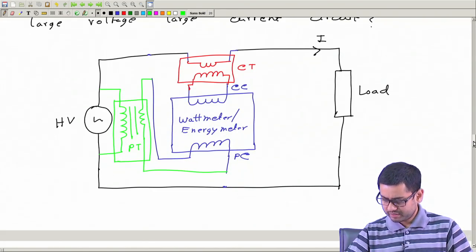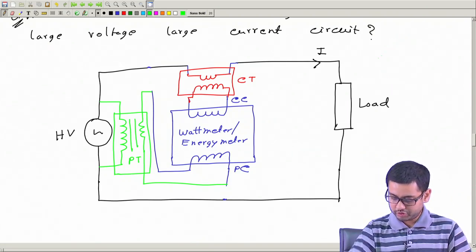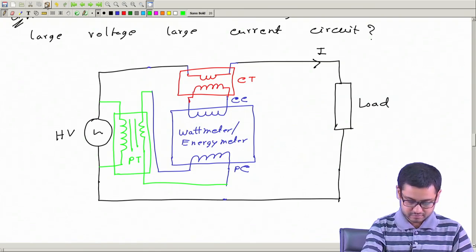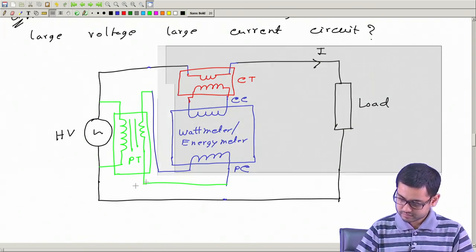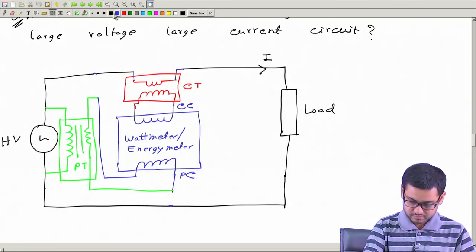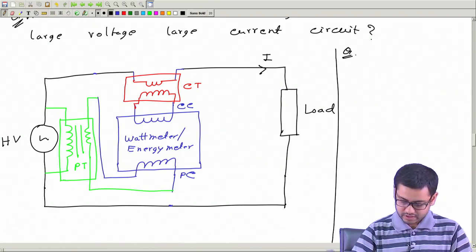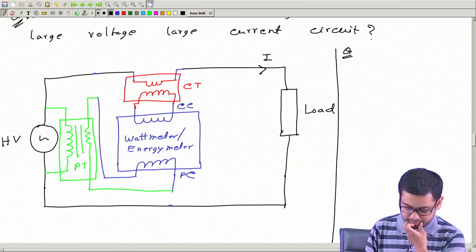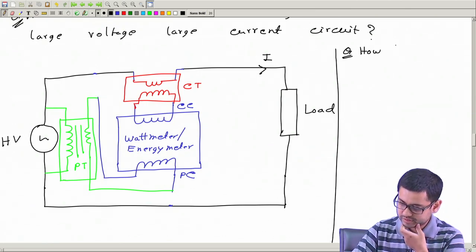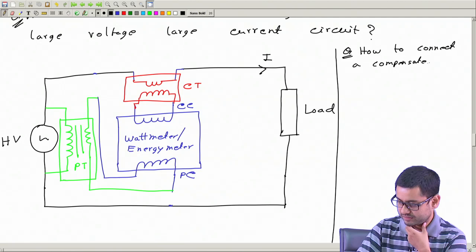That's so simple, but if you are interested, I will give you some thought exercises. Think for yourself, for example, how to connect a compensated wattmeter.